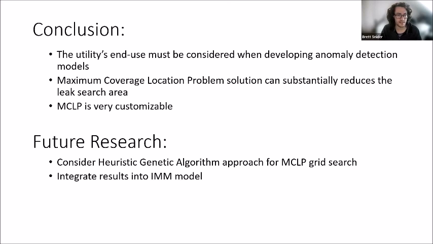And then lastly, I think the next step for us is to integrate this localization model into an intervention management model. So once an event is detected by the anomaly detection model, it is located by the anomaly localization model. Scenarios are then analyzed to see what is the most effective way of minimizing the impact on the customers and on the utility.